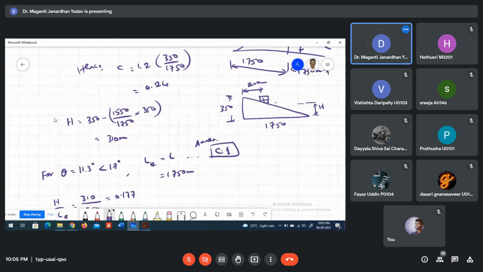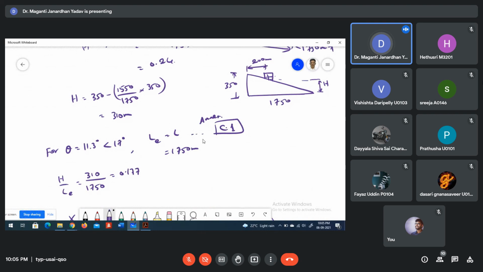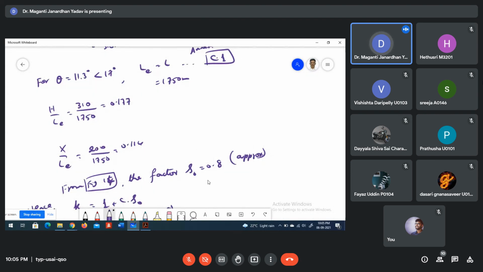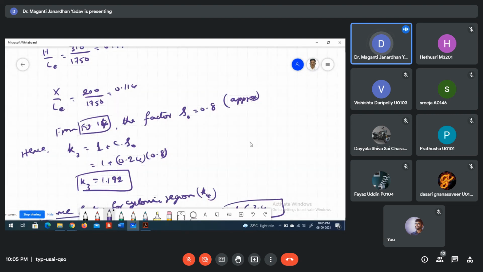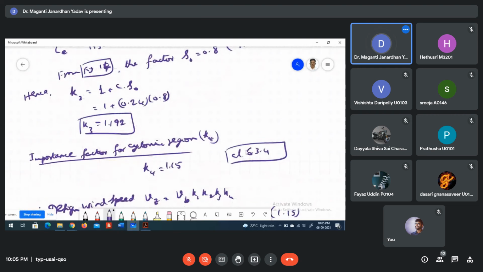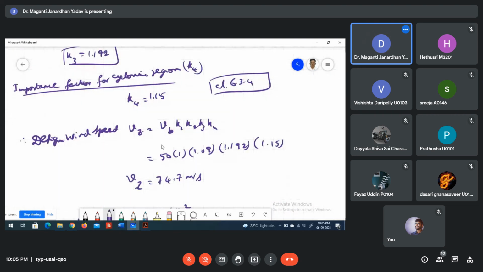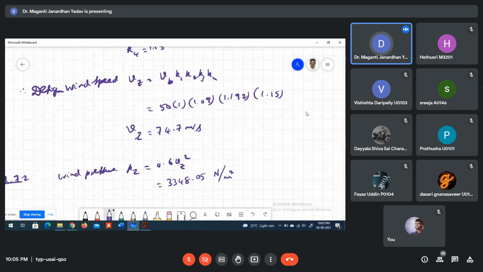Then we have calculated the LE, then H by LE and X by LE, and from that Figure 14 the factor S0 has been obtained, and hence K3 is obtained. K4 is the cyclonic factor, and hence design wind speed is obtained: VB into K1, K2, K3, K4.